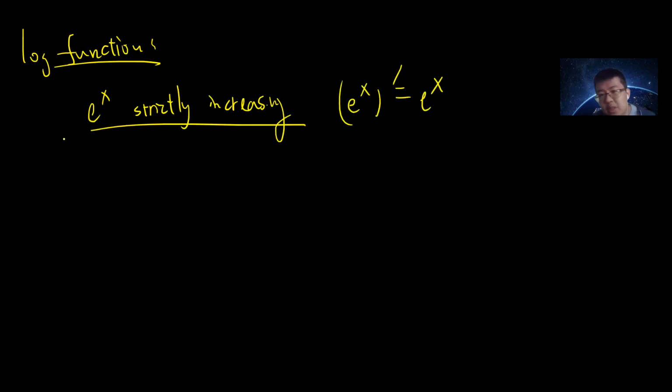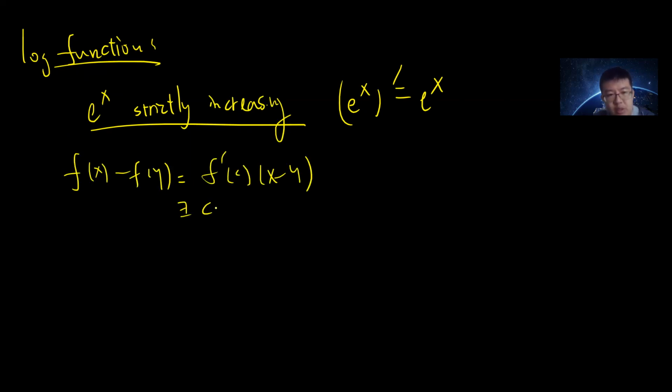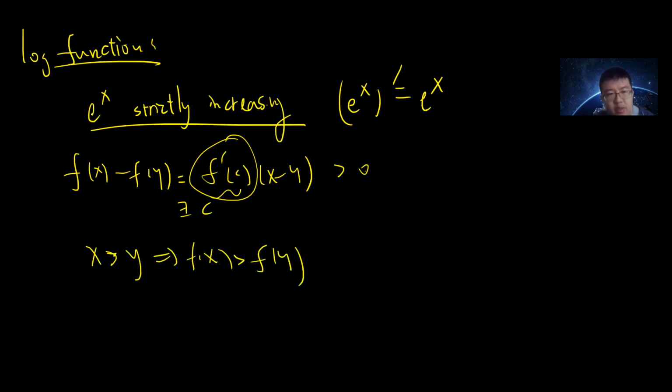By the mean value theorem, if you have f of x minus f of y, there exists a c such that it equals f prime of c times x minus y. But now this is always positive. So it means when x is greater than y, f of x is greater than f of y. So e of x is strictly increasing.